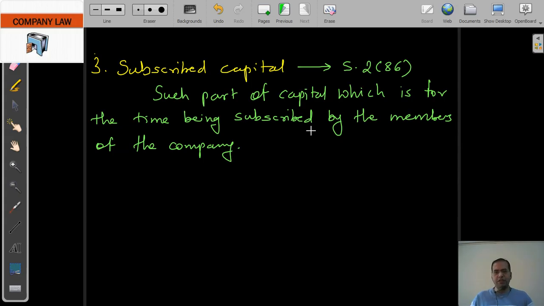There can be the reverse situation where the shareholders may not subscribe to the entire issued capital. In that case it will be called undersubscribed. So it is oversubscription and undersubscription. You need to just keep that in mind: your issued capital may or may not be subscribed totally.